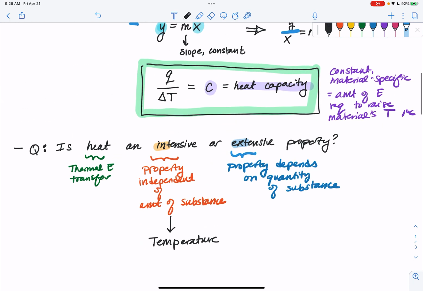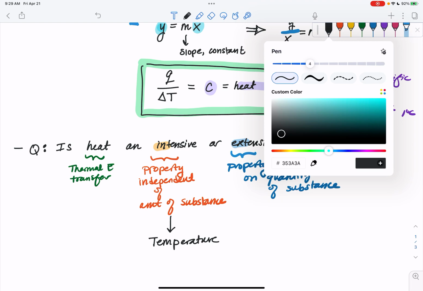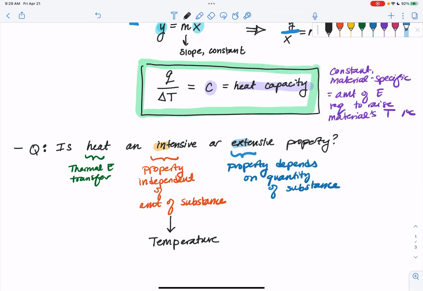So the difference here is that heat capacity is going to be given in joules per degree C, right? There is no mention in the unit for heat capacity of quantity of the substance.